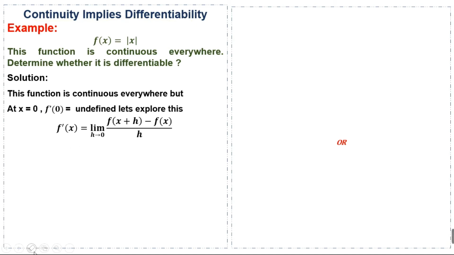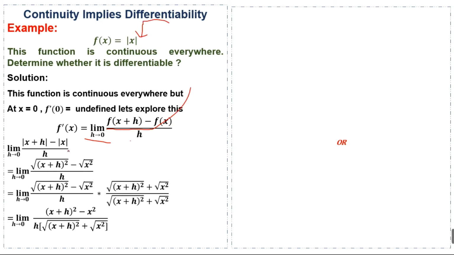We know the definition of the derivative, that is f prime of x is equal to the limit as h approaches 0 of f of x plus h minus f of x, divided by h. We apply this definition on the given function and simplify, and we know that mod of x is equal to the square root of x squared.